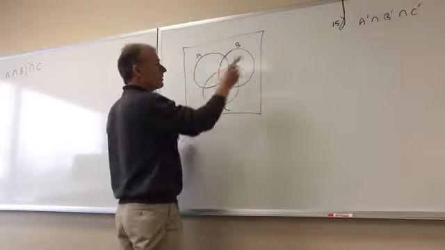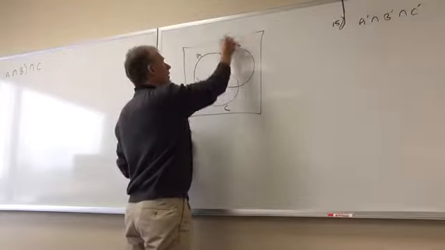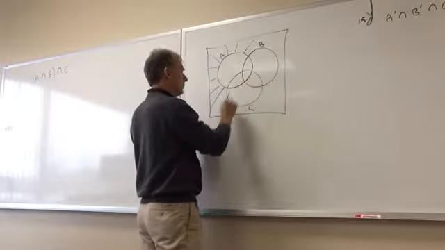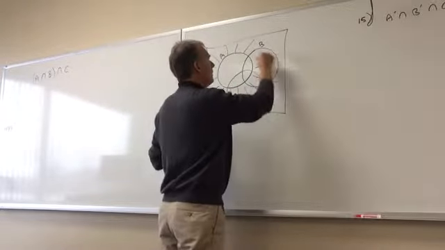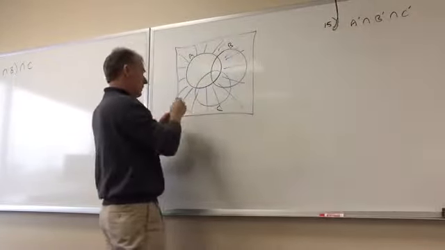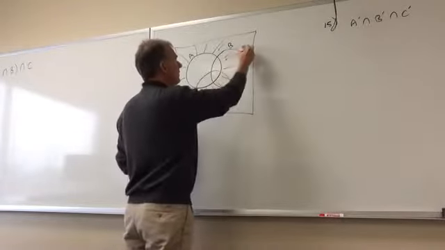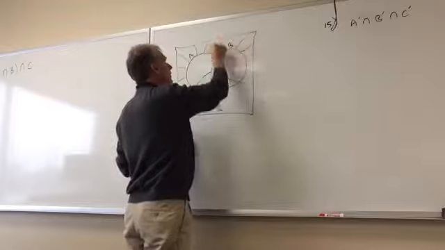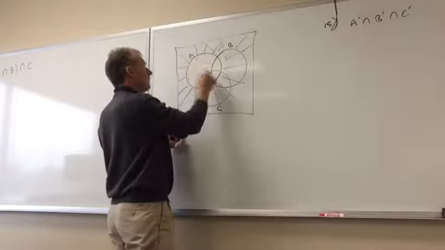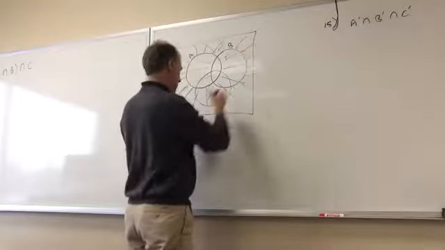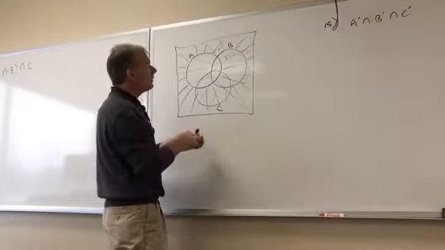Okay, what's 15? They're all prime and they all intersect. So it's A prime intersect B prime, parentheses, and then intersect C prime. So anything, first I'll start off with outside of A. I'll do that with blue. And then outside of B. Now is when I need my green pen.